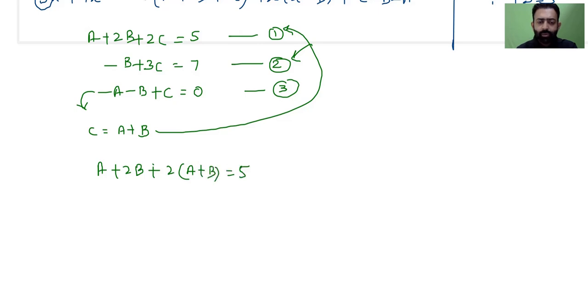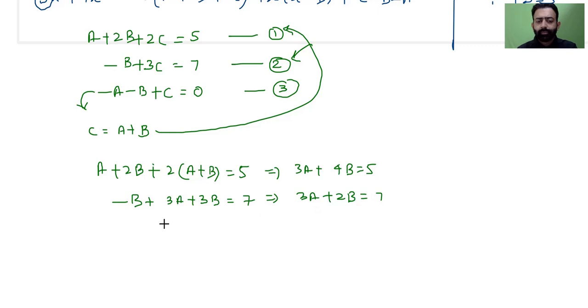This has to be equal to 5. Simplifying this will give me 3a plus 4b is equal to 5. Then minus b plus 3c means minus b plus 3a plus 3b. This has to be equal to 7. Simplifying this will give me 3a plus 2b is equal to 7.